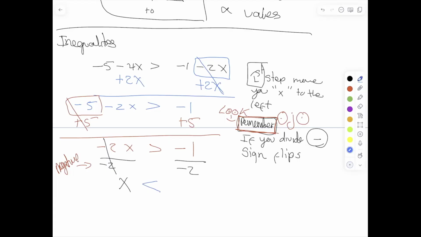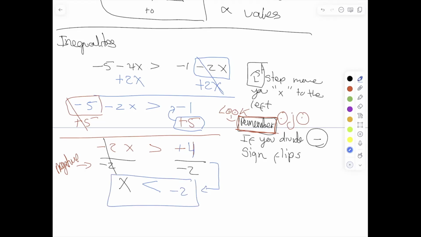I made a mistake. Nobody corrected me. What is 5 minus 1? This is not -1. This is what? Positive 4. Divided by a -2 is a what? What's going to be my answer here? -2.